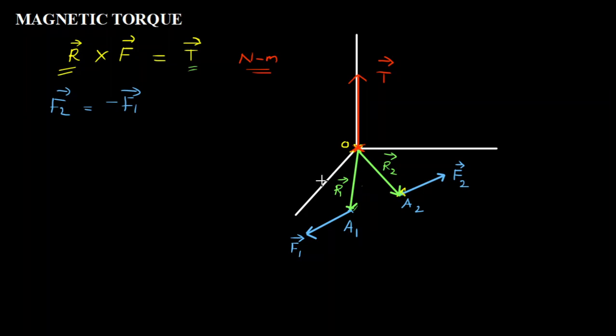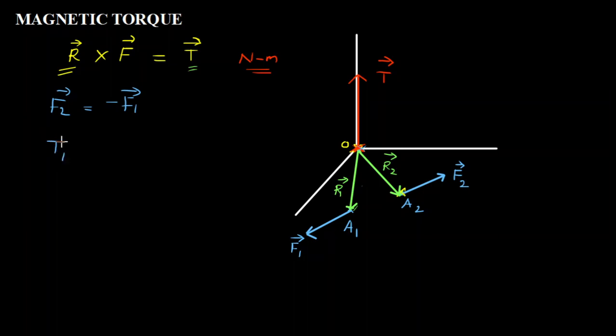Now looking at this physically, I may have 2 torques. One torque is acting at the origin, which is due to the moment arm R1 and the force F1.